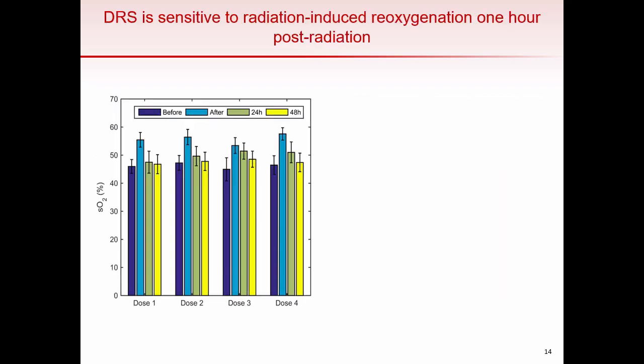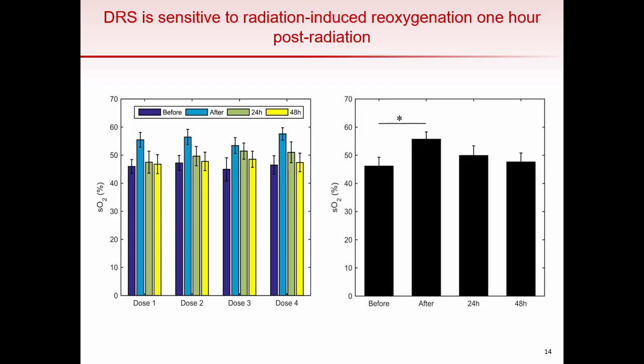As far as oxygenation goes, we observed that after each dose, oxygen saturation immediately increased, but after 24 hours and 48 hours, it decreased. So on average, we saw that radiation-induced reoxygenation is highest 1 hour after radiation.